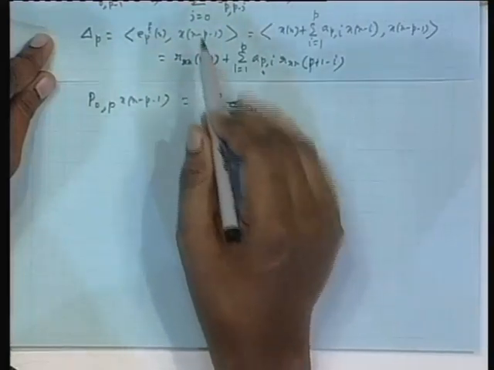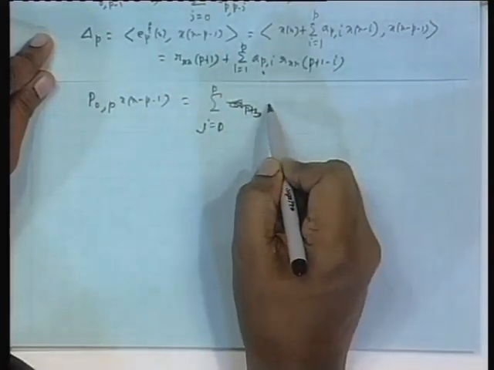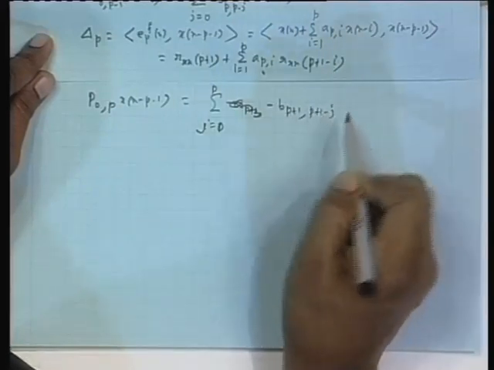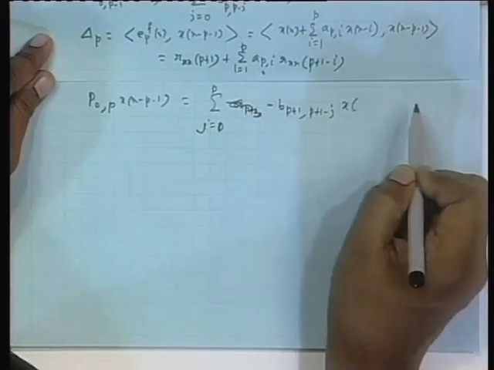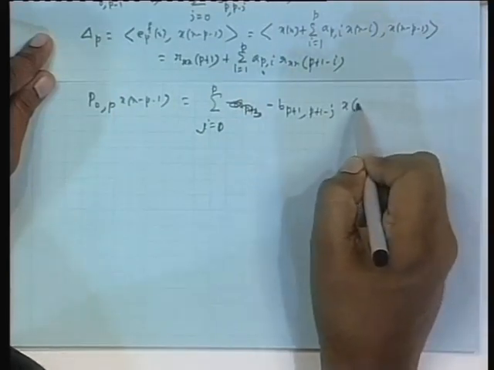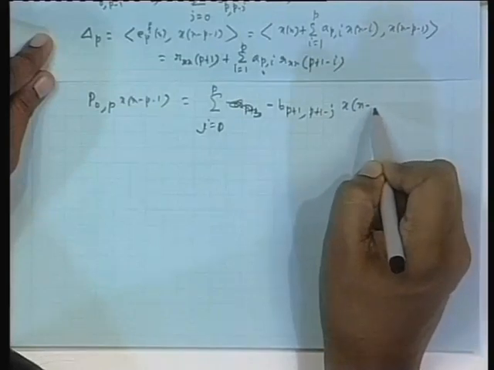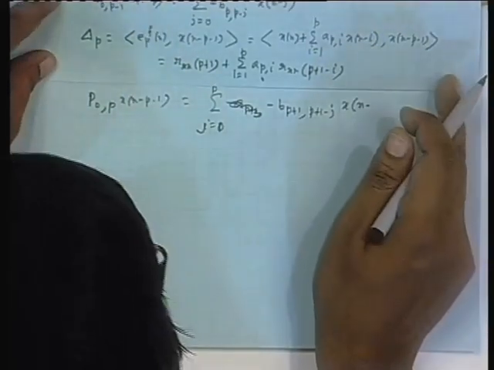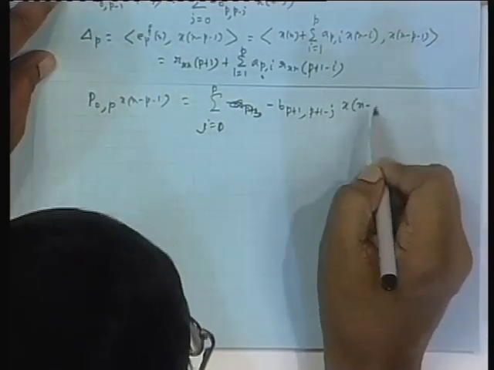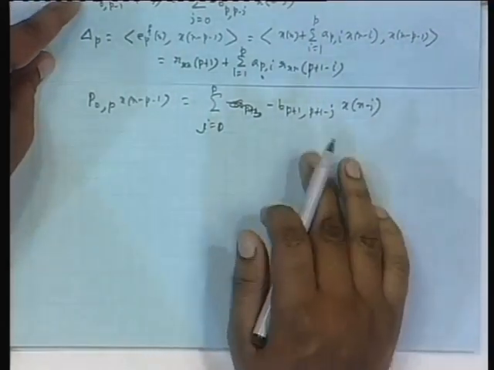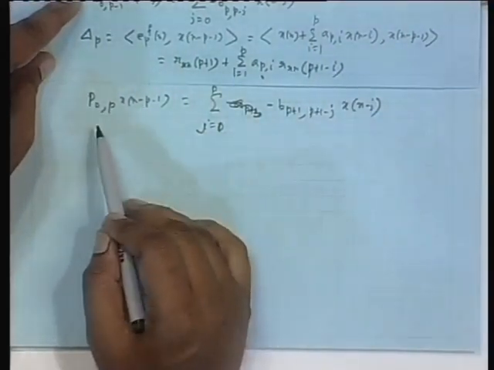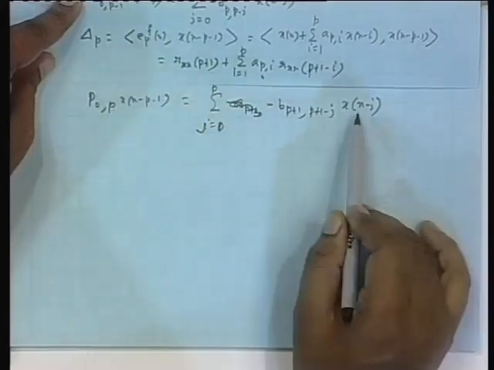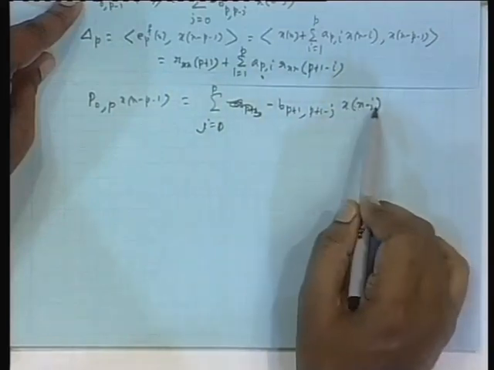So, 0 to earlier it was p minus 1, now it is p minus b p plus 1 n minus j. Okay, this is what I will find out. This projection will be written as a linear combination of what terms? X n minus 0, x n minus 1 up to x n minus p, right.